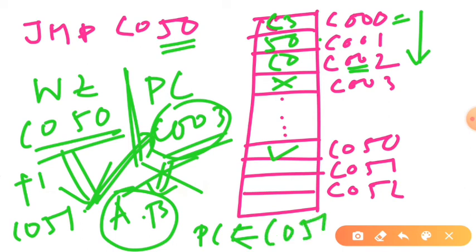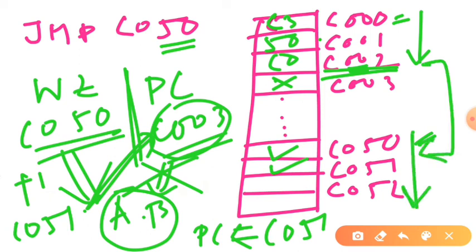Now the next instruction will obviously be fetched from the C051 memory location after the instruction written in C050 is fetched. In this way the sequence of program execution will continue. As you can see, after executing the instruction written in the C002 memory location, we have shifted directly to C050, and the sequence of execution has changed onwards: C050, then C051, then C052.